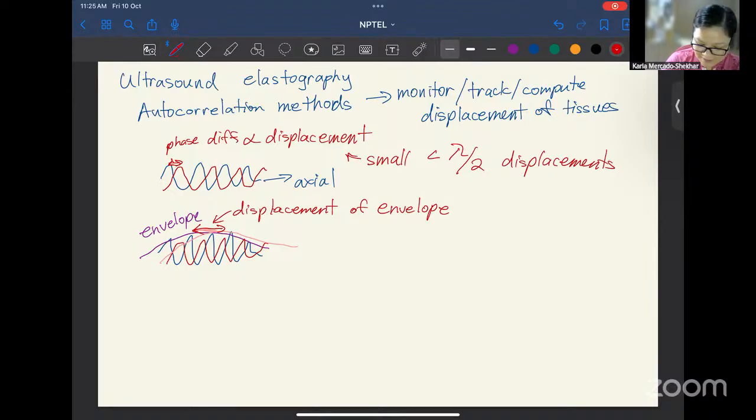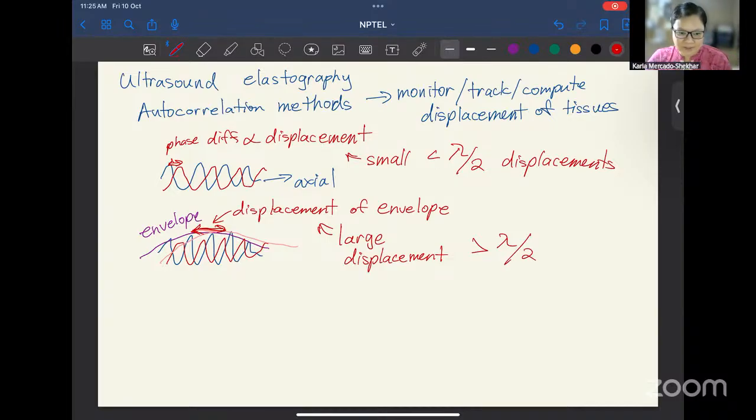It's mostly looking at the exact distance between the two. This kind of method is for relatively large displacements, even more than half a wavelength. It is useful when you're looking at large strain estimates of your tissue. So I hope this clarifies these two concepts.